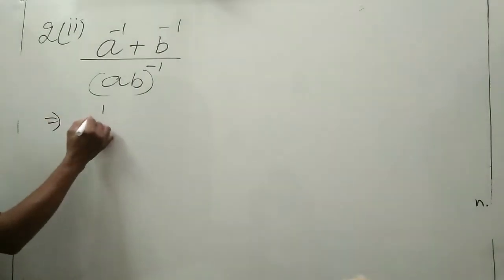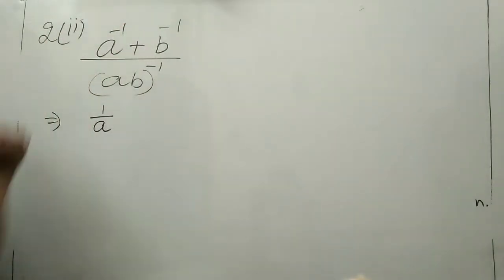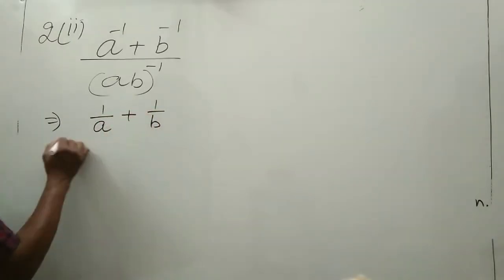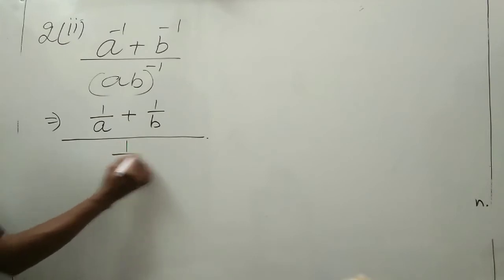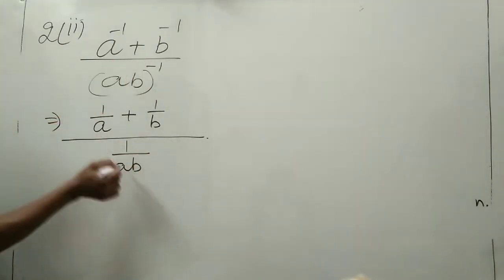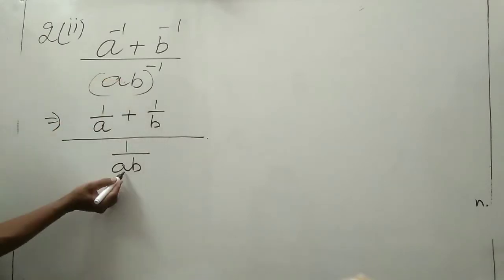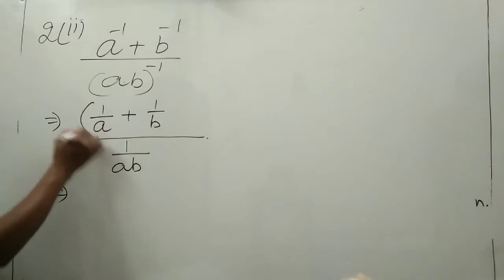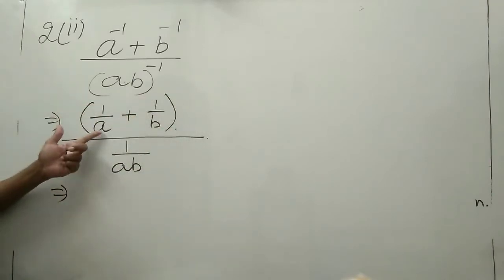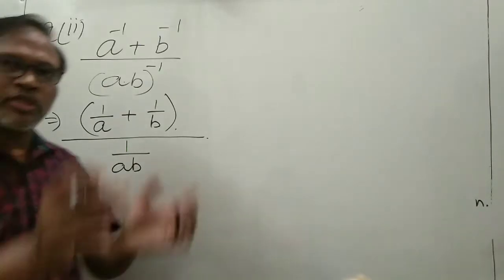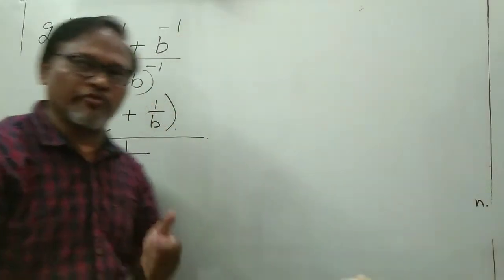1 upon a to the power minus 1, you can write as 1 upon a plus 1 upon b whole upon 1 upon ab. Clear? This minus 1, so 1 upon, the numerator will change into the denominator. Take the reciprocal. Then because this is 1 upon a plus 1 upon b, in a bracket you have to take LCM and then simplify.